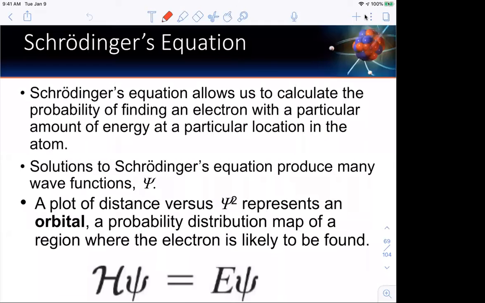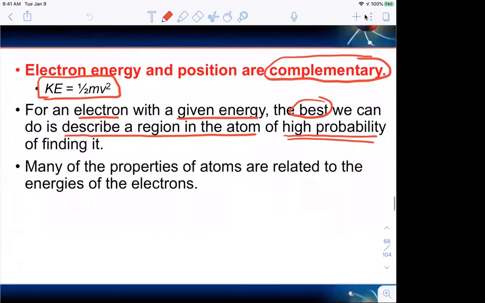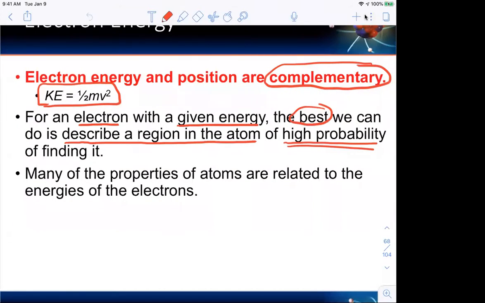All right, so we were talking at the end of the last lecture about the fact that I can't really tell where an electron is exactly in an atom. All I can really tell is where there will be a high probability of finding it.